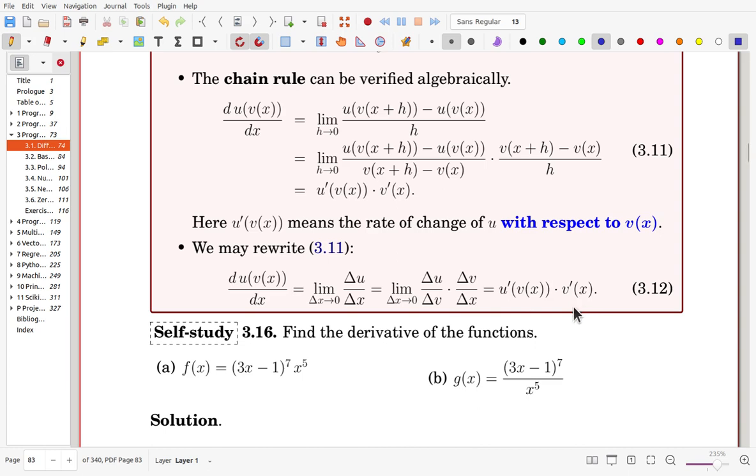So eventually, the chain rule looks like we are dealing with quotients and derivatives, but we consider the derivative as just a quotient, and then we can get it.